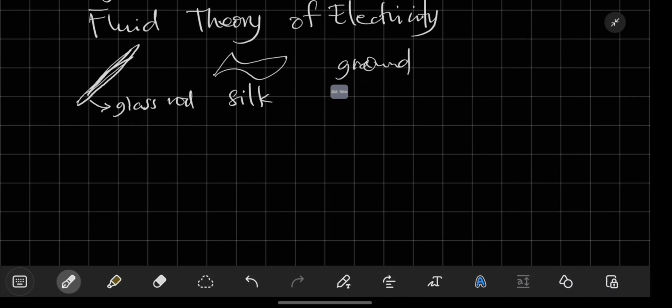Or galing sa kamay na nag-rub? Is it coming from the hand, the one who did the rubbing? Or is the charge coming from the two objects?